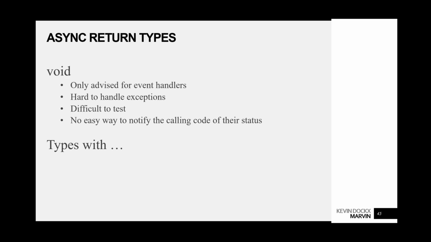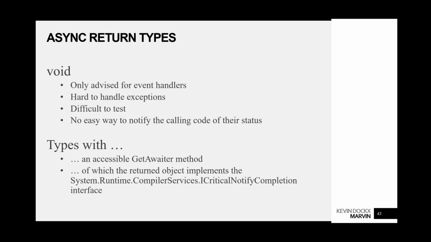And then there's one more, and that's a new one in C#7. I'm just going to put it on screen here. You can probably read it if you want. There's a new type that was created in C#7, if I'm not mistaken, that can also be a valid async return type.